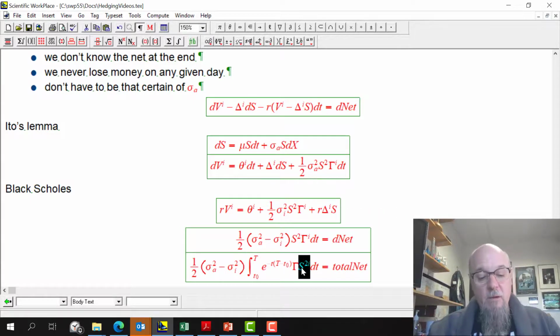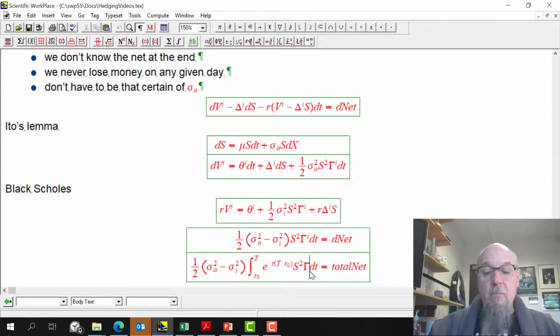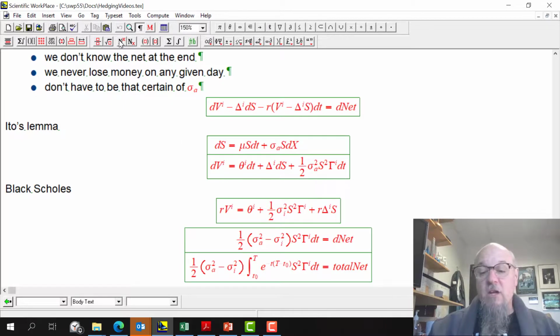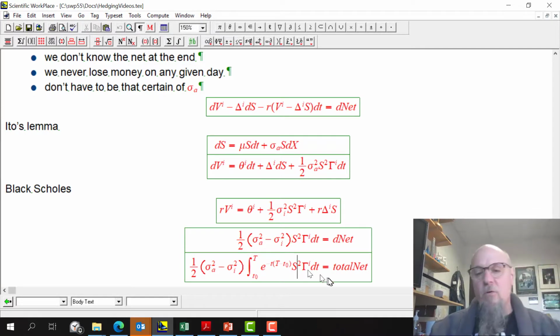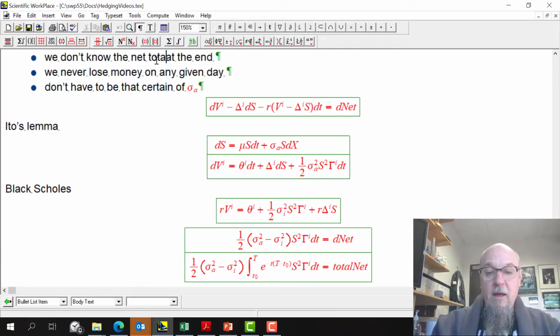That means gamma also changes. I lost my superscript I there, but that also changes. So the total here, summing up, is unpredictable, because it's a function of the way the stock actually moves around. So I don't know what the total net is at the end. But I don't lose money on any day.